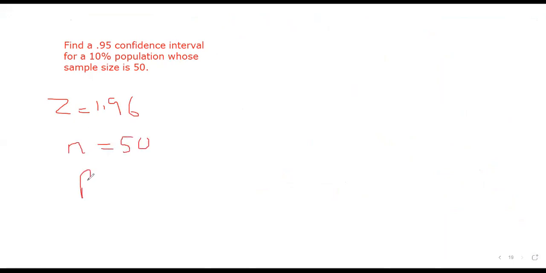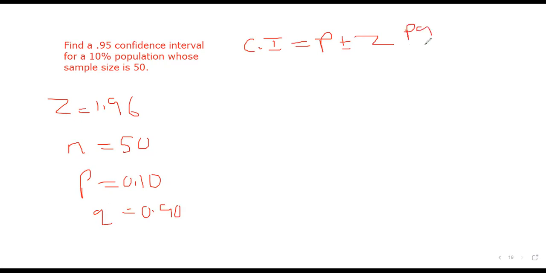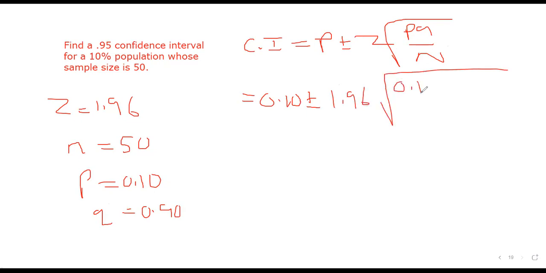P is what? 10%. Q is what? 90%. So what's the formula we're going to use? Confidence interval is equal to P plus minus Z times the root of PQ over N. So here is 0.1 plus minus 1.96 and then 0.1 times 0.9 over what? Over 50.